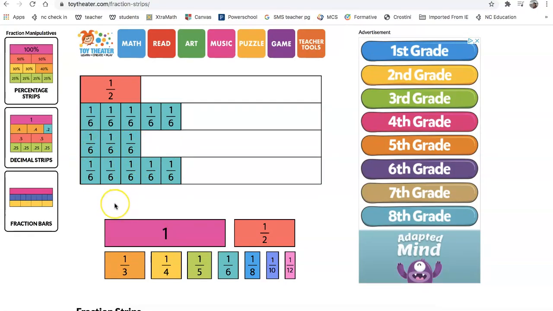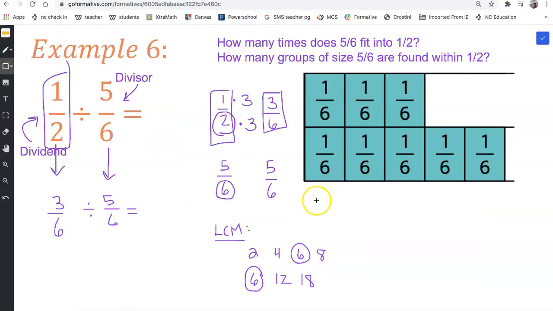So now I'm going to take a screenshot of just this section where the denominators are the same. I pasted the screenshot, and now we need to think about how many of these 5/6 fit into 3/6. Now this can seem a little bit confusing because 5/6 is larger than 3/6.